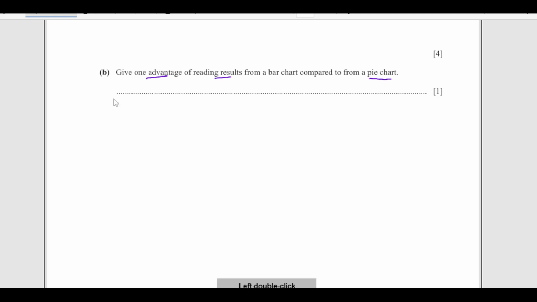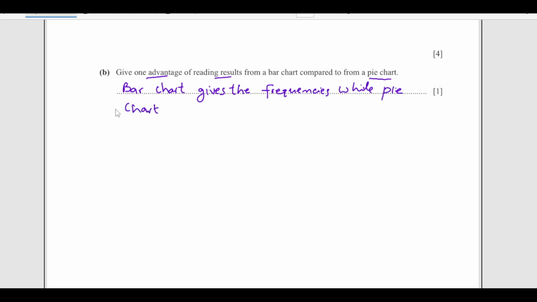So we can write here that the bar chart gives the frequencies, which is easy to understand, while the pie chart only provides the proportions.